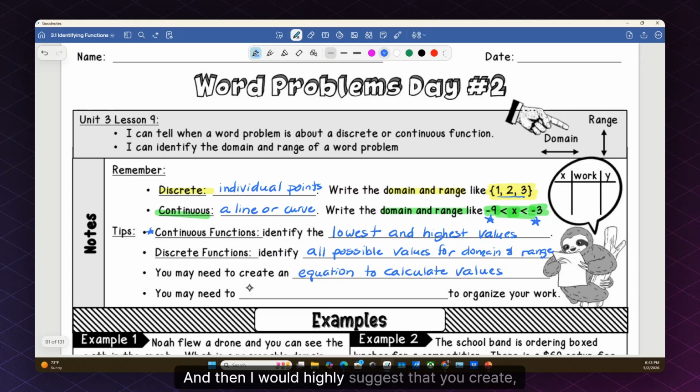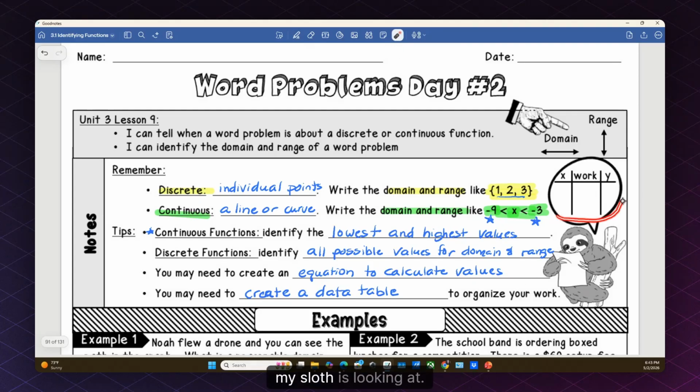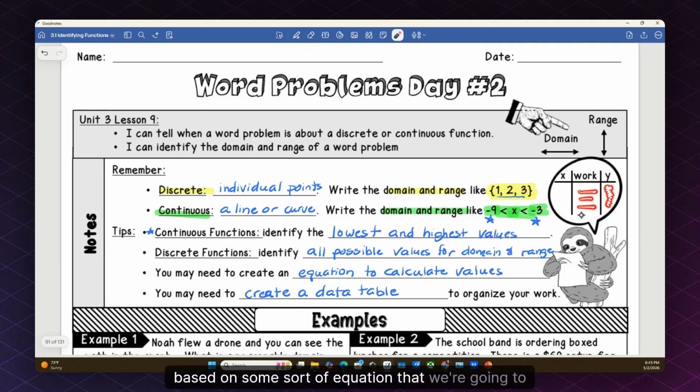And then I would highly suggest that you create a data table to organize your work. By that, I have this example over here that my sloth is looking at. I would put my domain over here on this side, all my possible domain values. I've got these y's that I'm going to calculate based on some sort of equation that we're going to end up writing out here in the middle. And I'll show you what I mean.